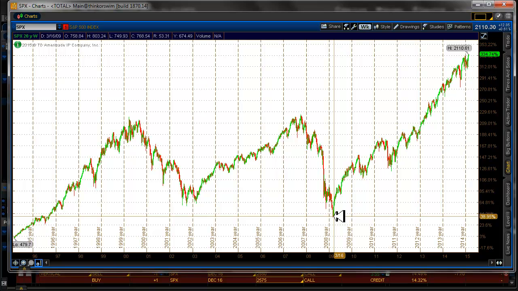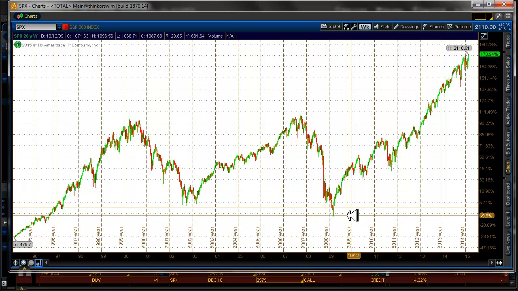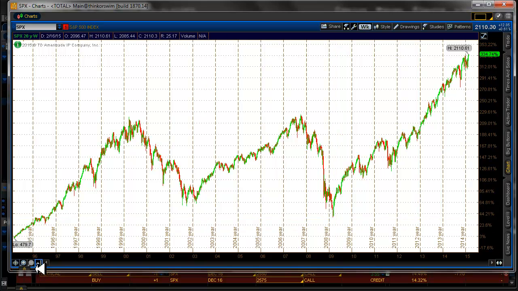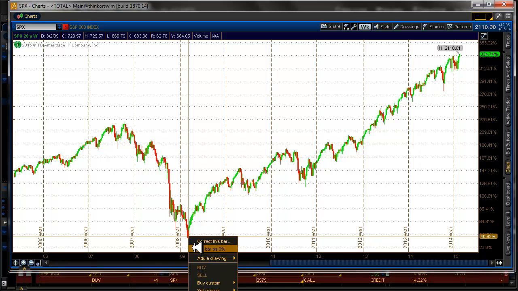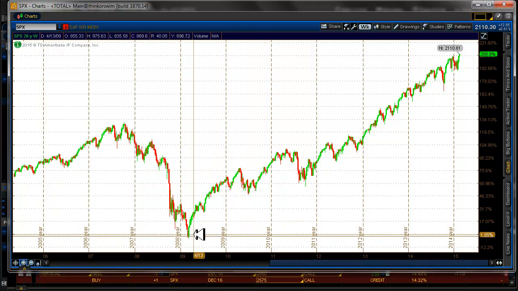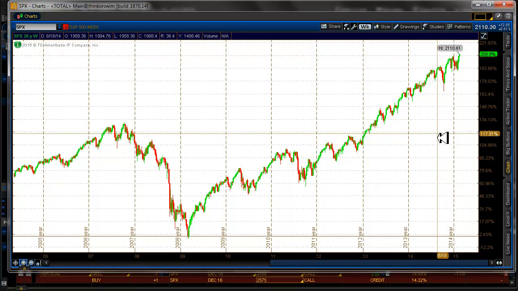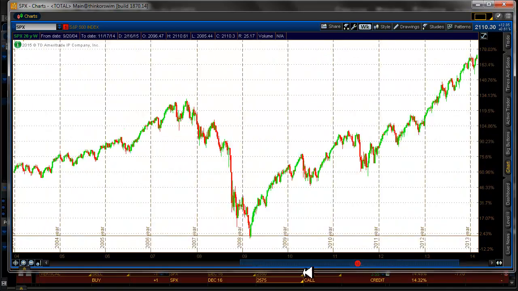And if we want to change this to the 0 level down here, we could say that since this low here, I must have got the wrong candle here. Let me zoom in. Let's grab this candle, set this as 0. And so we can say that we've had a 200% increase in the market since the last crash.